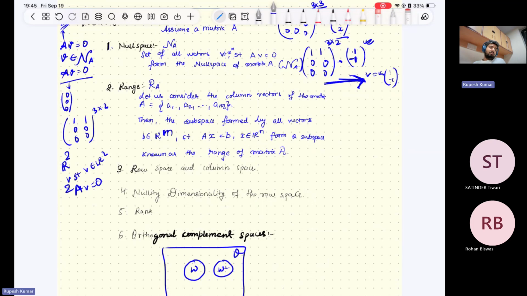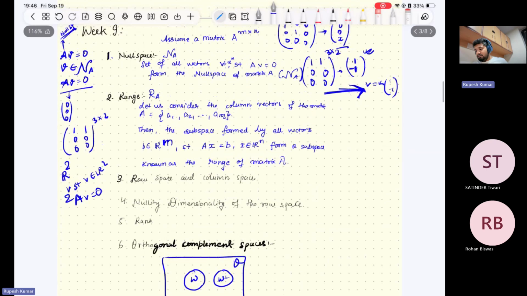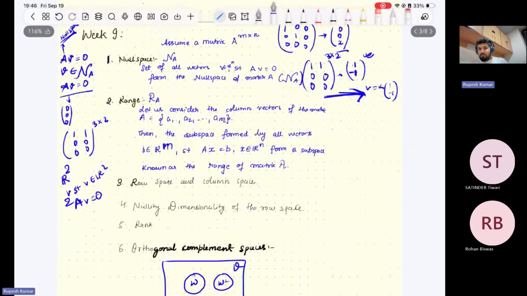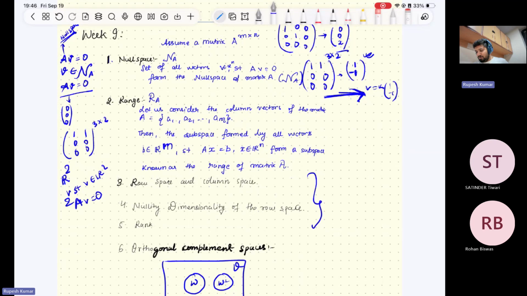In the second iteration, I will try to find a pattern. For example, in this case, if you understand the definition of null space and range, you can always define the null space and range of the row space and column space. So in the second iteration, I will remove all the details present in these two topics. Then I get only one big topic and two smaller topics for which I have a relation. This is how I do it.